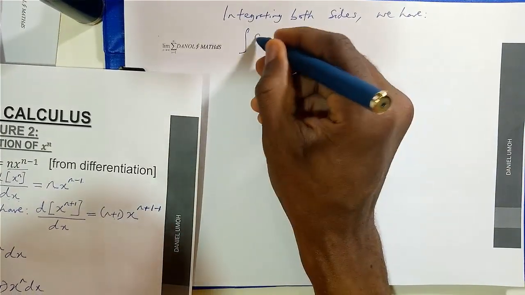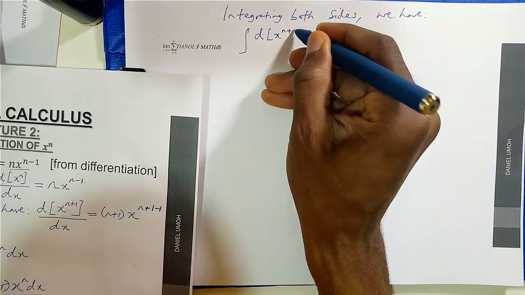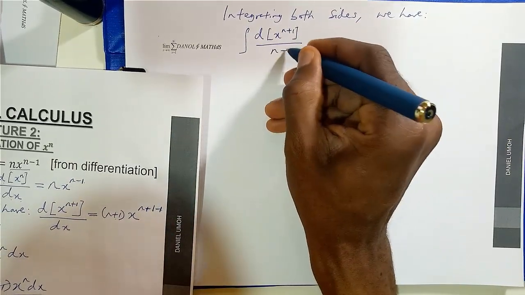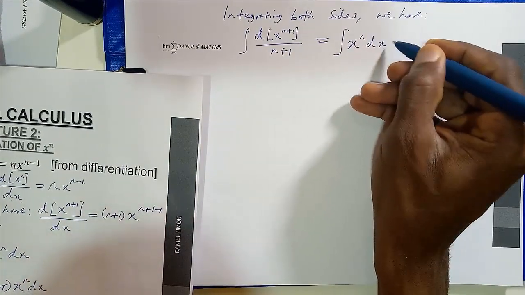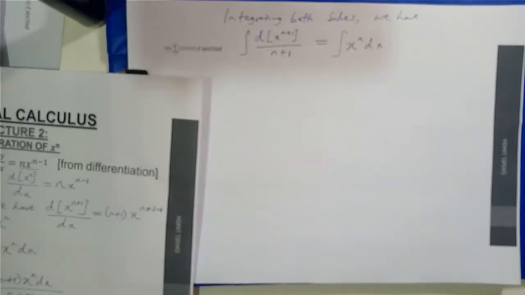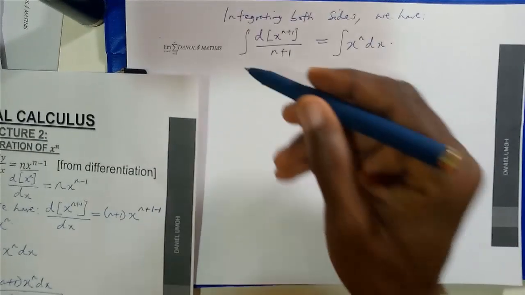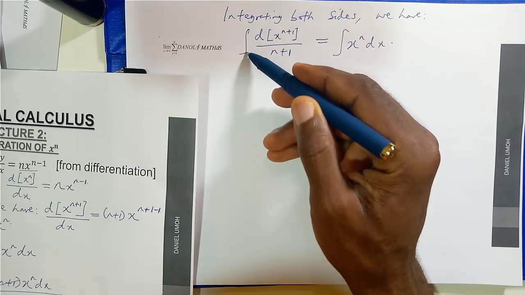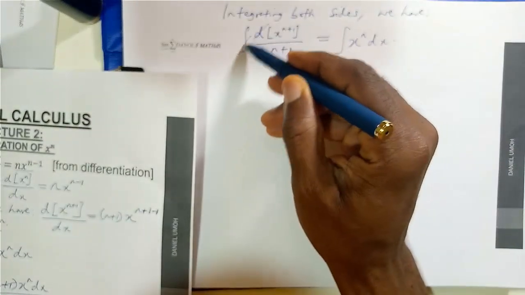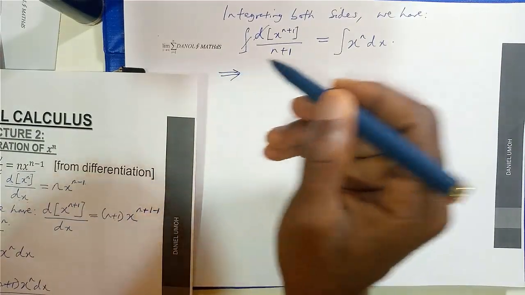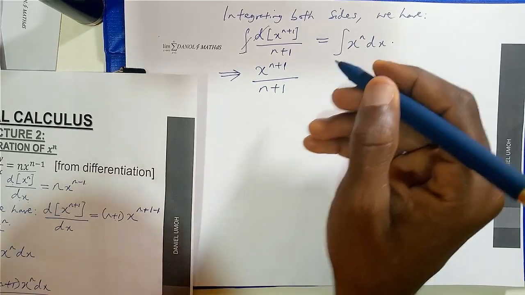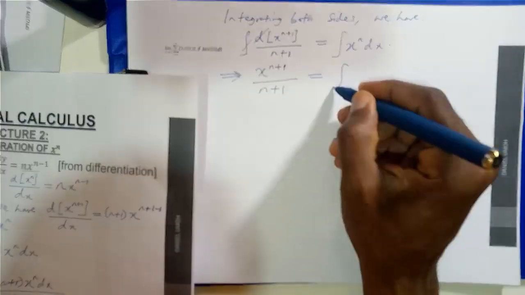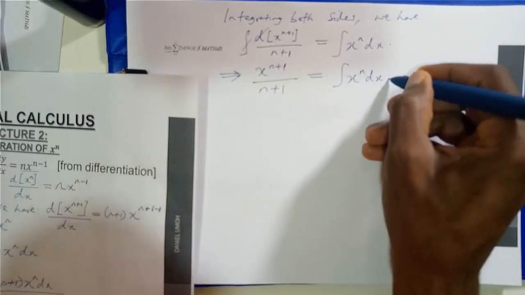So what I will have is the integral of d of x raised to the power of n plus 1 over n plus 1 equals the integral of x raised to the power of n dx. Remember, I told you that integration is the reverse of differentiation. So if this and this cancel out, what I will be left with is x raised to the power of n plus 1 all over n plus 1, which is equal to the integral of x raised to the power of n dx.